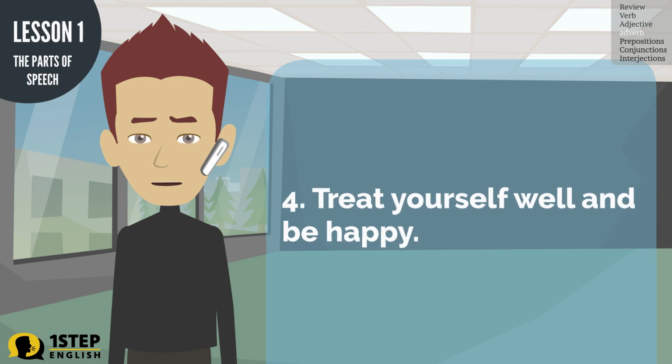4. Treat yourself well and be happy. Check your answer. Well. The word well modifies the verb treat. While the word happy is an adjective modifying the unstated subject of the sentence, which is you.